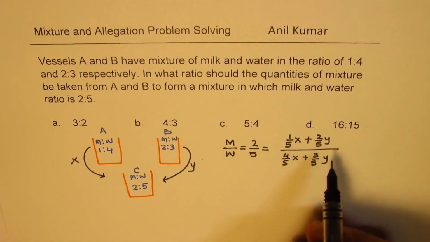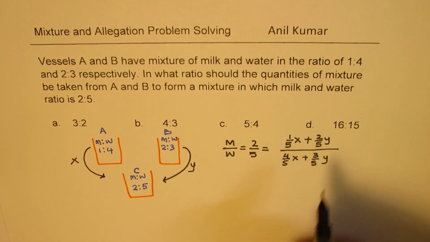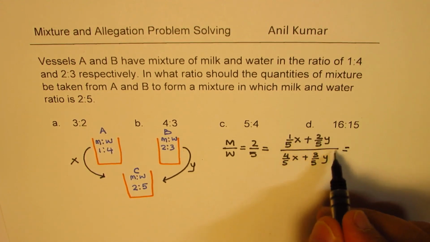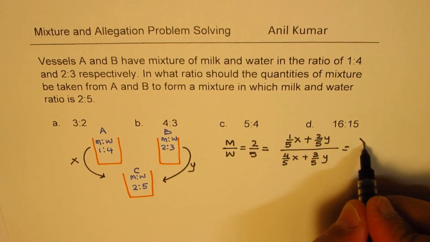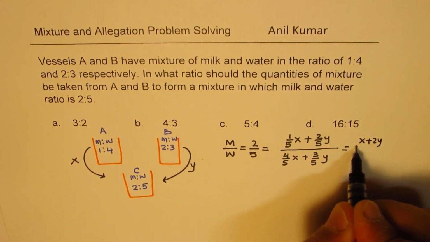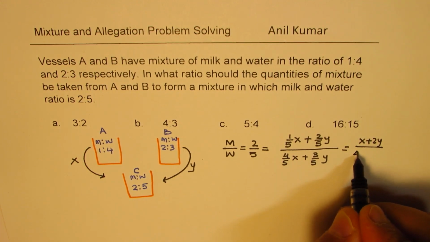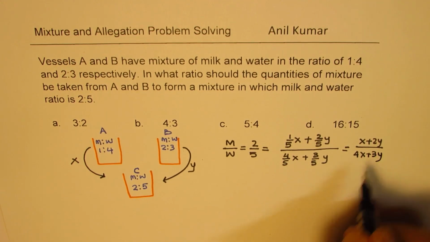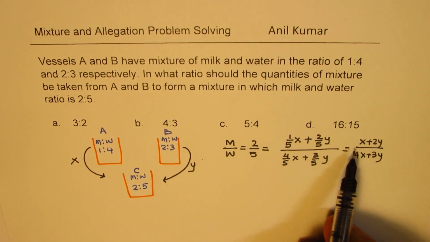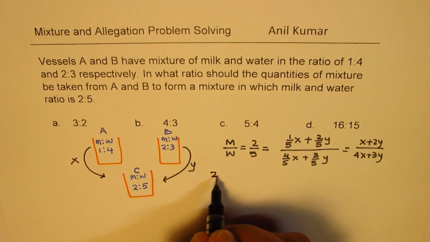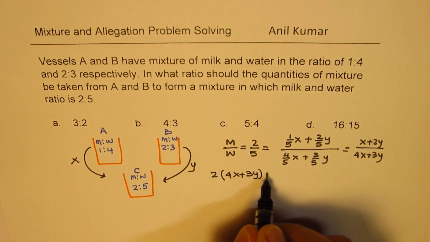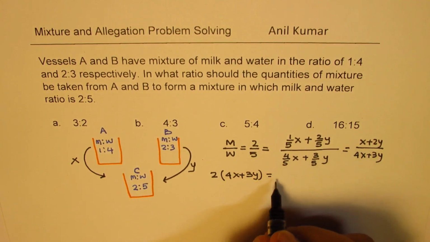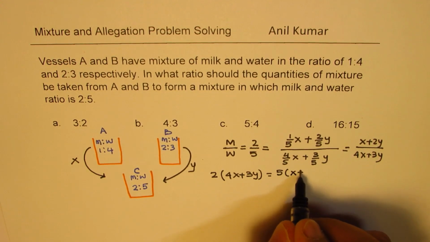If we slightly simplify, fortunately we have the same denominator of 5, so we can multiply everything by 5, and what we get is x plus 2y over 4x plus 3y. So 2/5 equals x plus 2y over 4x plus 3y. Let us cross multiply. We get 2 times (4x plus 3y) equal to 5 times (x plus 2y).